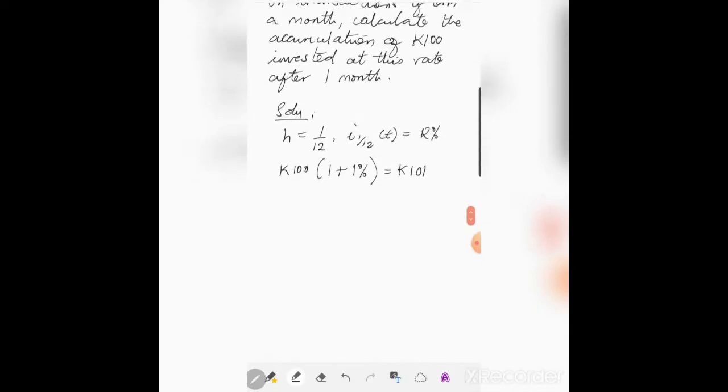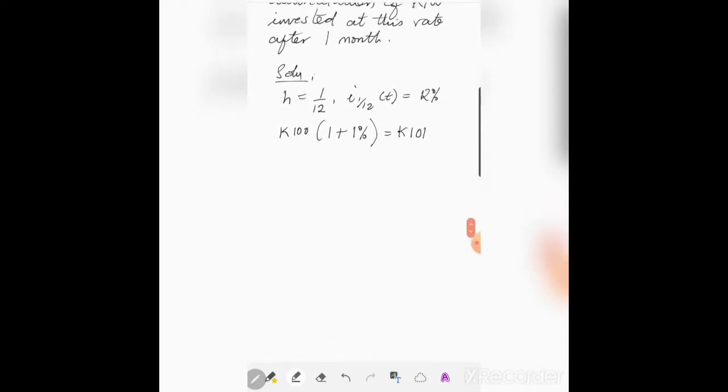So we continue. If we have h is equal to 1 over p, where p is a positive integer, p is greater than 0, and h is a simple fraction of a time unit, it is more usual to write it as i to the power p rather than i subscript 1 over p.